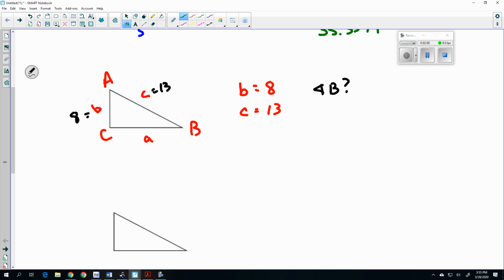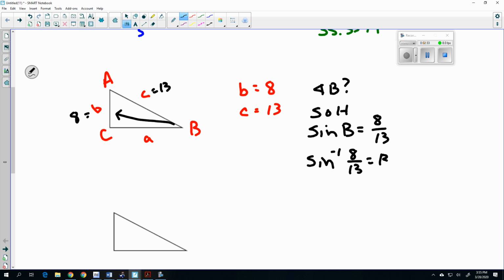So according to angle B, I know the side opposite, and I know the hypotenuse. So the trig function that deals with opposite and hypotenuse is the sine. Sine of angle B is the side opposite over the hypotenuse. So again, to undo that word sine, to do its inverse, it's going to be sine inverse of 8 over 13 is going to give me that angle.